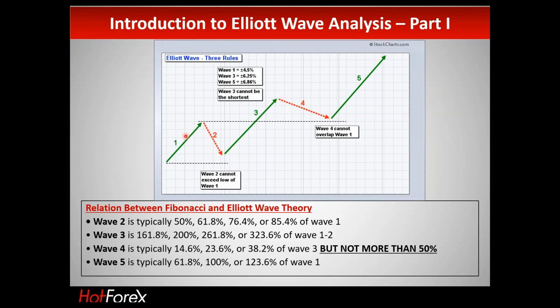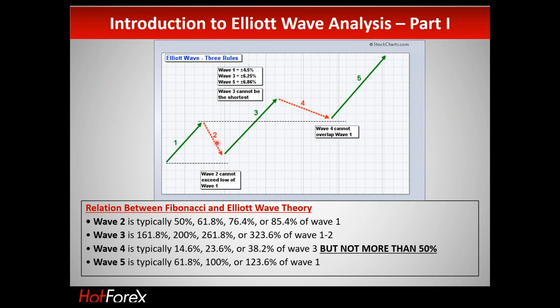As we said, wave 2 can never reach the low of wave 1. Typically, wave 2 could reach 50%, 61.8%, 76.4%, or the maximum 85.4% of wave 1.